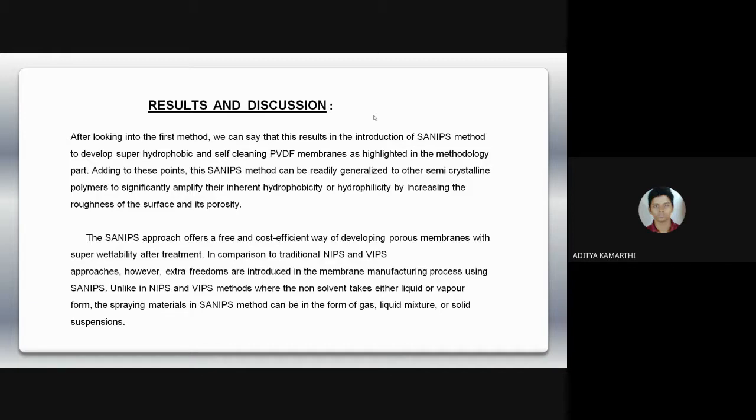The SANIPS approach offers a fluorine-free and cost-efficient way of developing porous membranes with super wettability after treatment. In comparison to traditional NIPS and VIPS approaches, extra freedoms are introduced in the membrane manufacturing process using SANIPS. Unlike in NIPS and VIPS methods, where the non-solvent takes either liquid or vapor form, the spraying materials in the SANIPS method can be in the form of gas, liquid mixture, or solid suspensions.